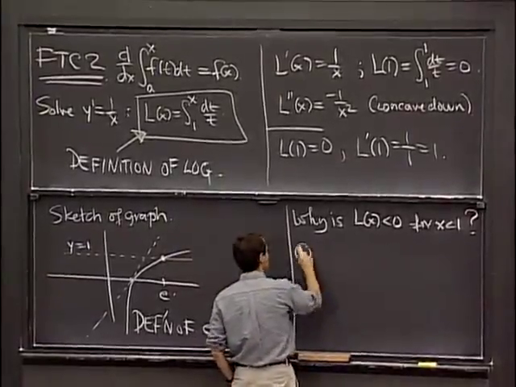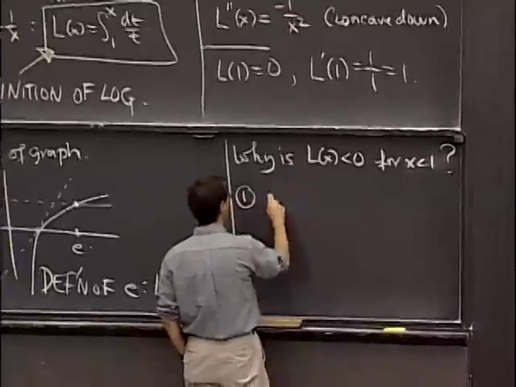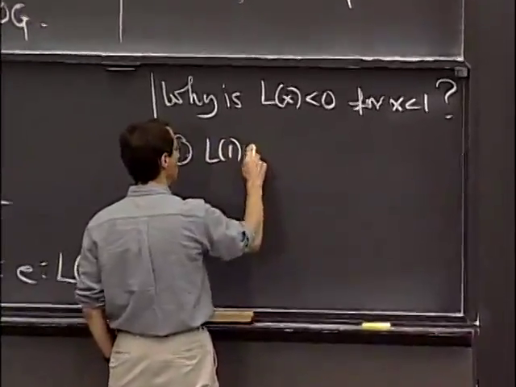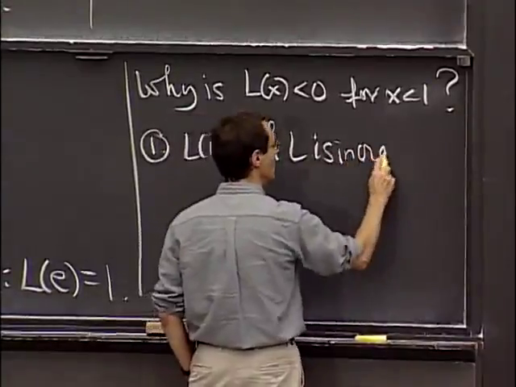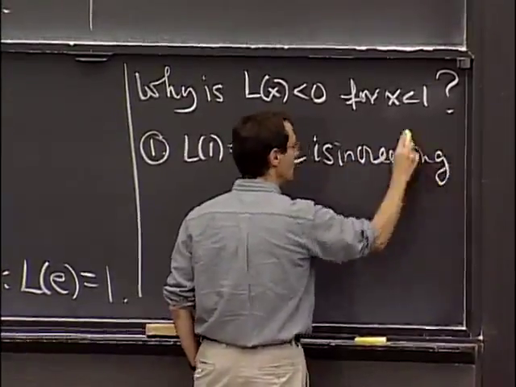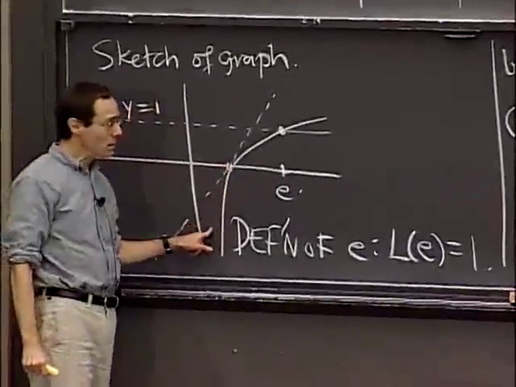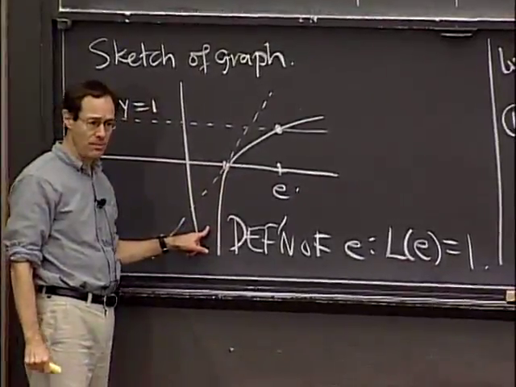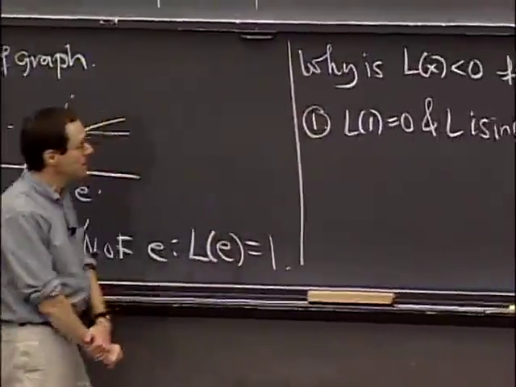So our first reason is that, well, I just said it, L of 1 is 0 and L is increasing. If you read that backwards, if it gets up to 0 here, it must have been negative before 0. All right, so this is one way of seeing that L of x is negative.